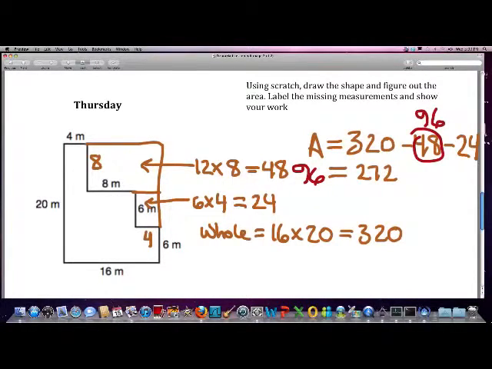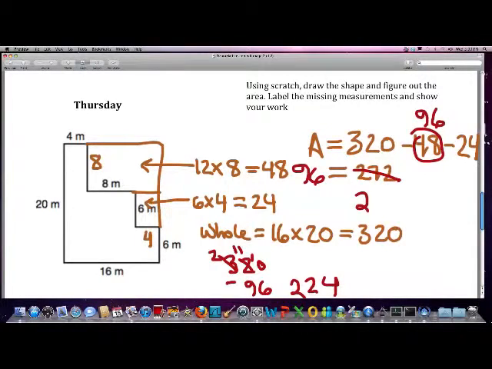I'm going to do that down here. 320 minus 96 is 224 instead of this 272 here.